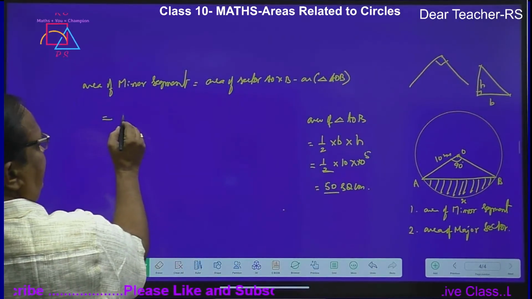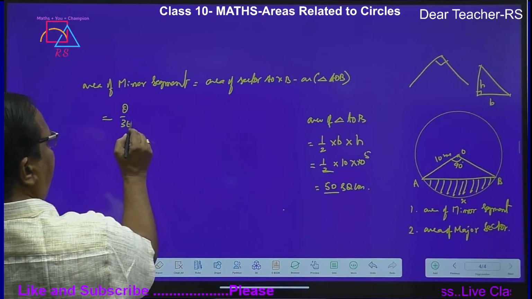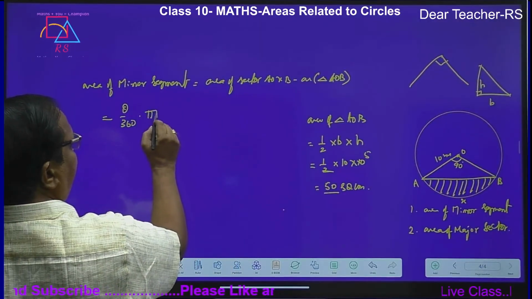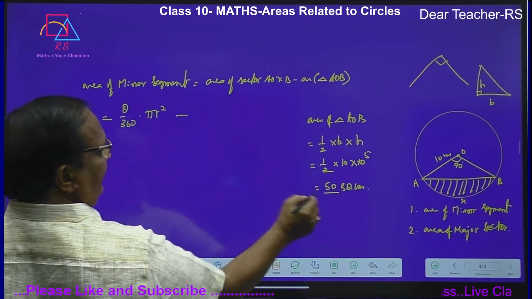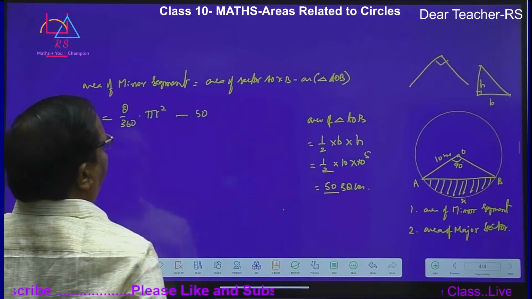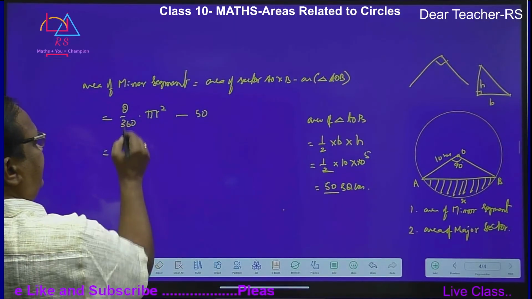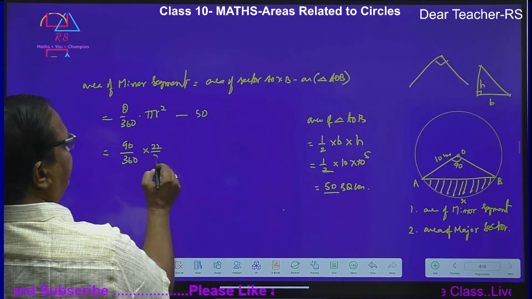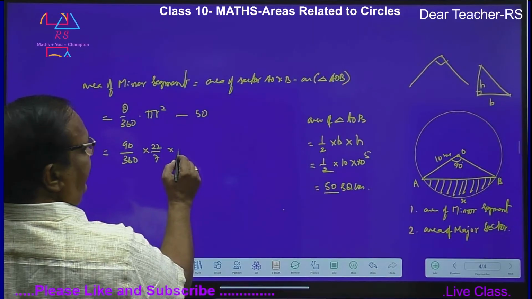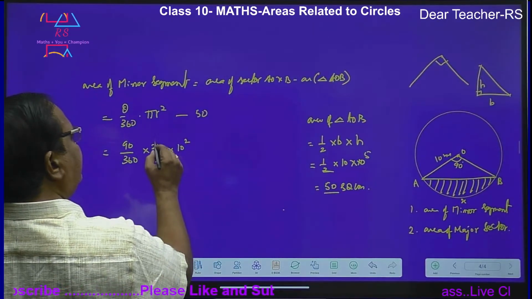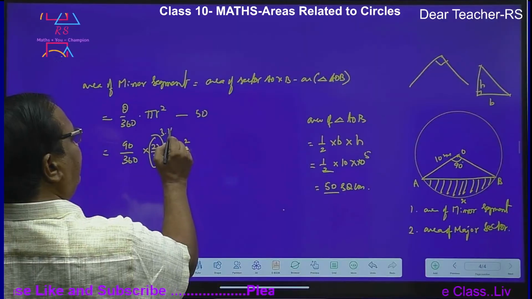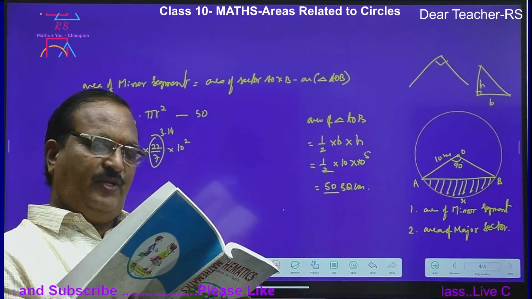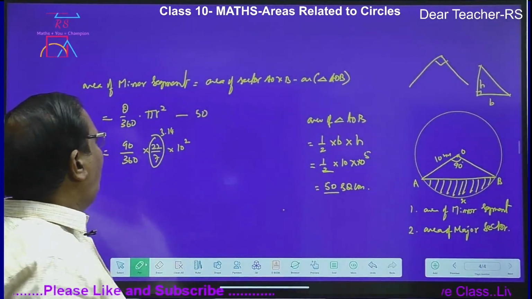So theta by 360 into pi r square, the area of sector formula, minus, already I have written, 50 square centimeters. So this theta is 90 degrees. 90 by 360 into 22 upon 7 into radius 10 square. So in this case, let us write 3.14. It is also given in the textbook, use pi is equal to 3.14.